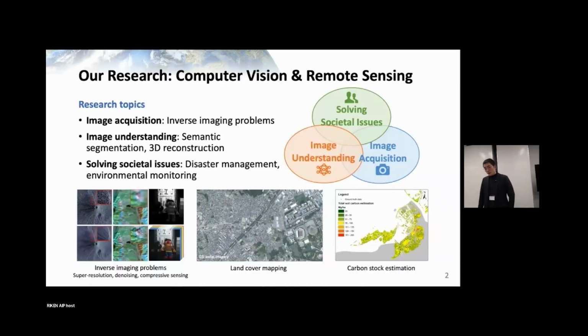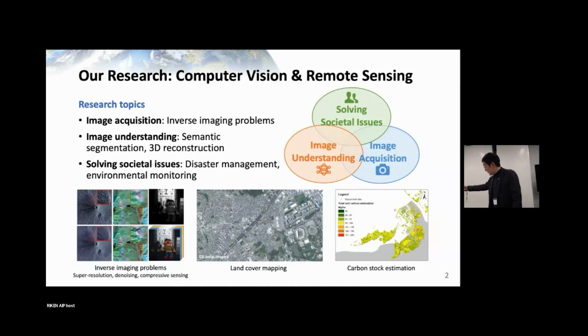So our group is working on the intersection between computer vision and remote sensing, and our research topics can be broadly categorized into three topics. One is how to get high quality image acquisition by performing inverse imaging problems like denoising, super resolution, or compressive sensing. And the second topic is image understanding.